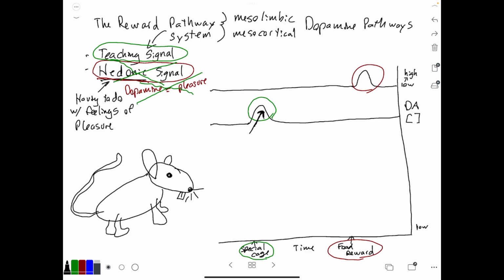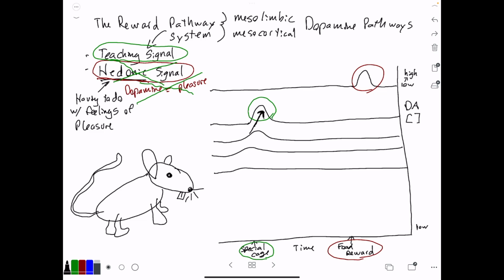A very interesting thing here. I also want to point out that, repeated over and over again, what happens eventually is that the dopamine signal disappears.